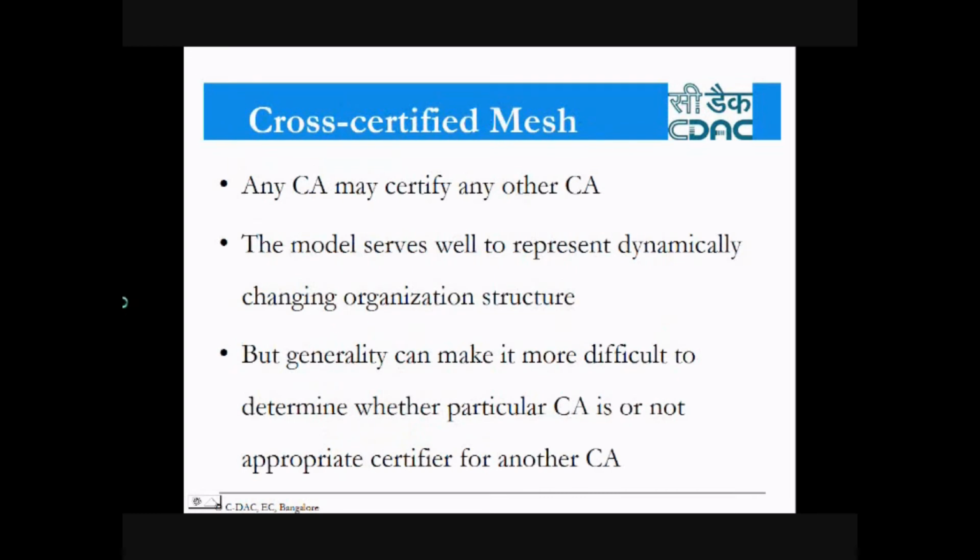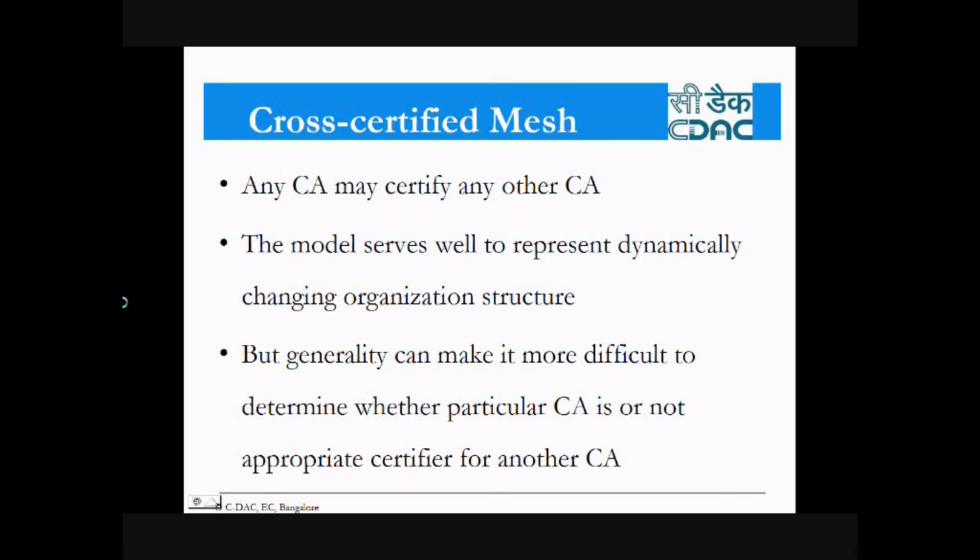Cross-certified mesh. This is another way of establishing trust. Here, any certifying authority can certify any other certifying authority. So this model can serve well to represent dynamically changing organization structure, but it makes it more difficult to determine whether a particular CA is an appropriate certifier for another certifying authority.